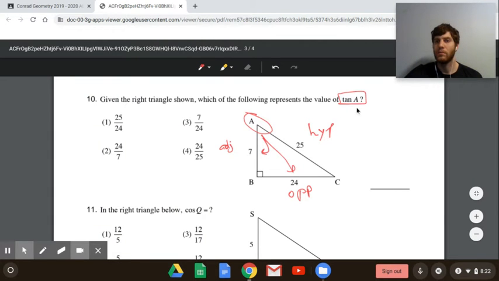And tangent, right? Again, we're using SOHCAHTOA. So tangent is opposite over adjacent. So 24 over 7. Opposite over adjacent.